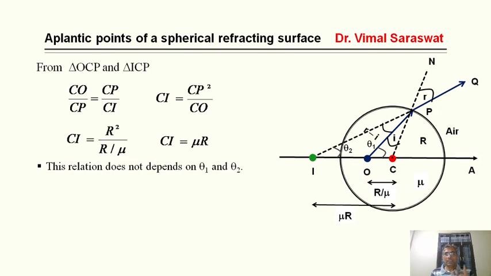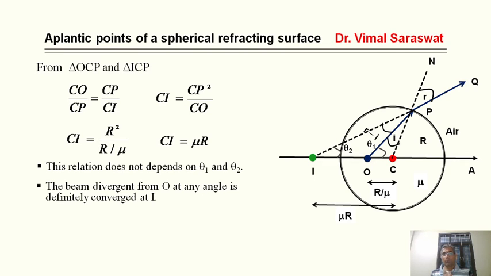This relation does not depend on θ1 and θ2, and hence the beam divergent from O at any angle is definitely convergent at I, because CI equal to mu R, and this relation does not depend on θ1 and θ2.